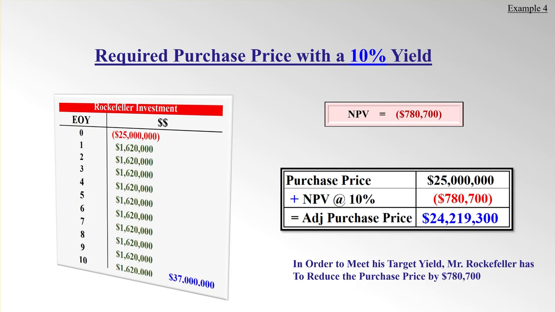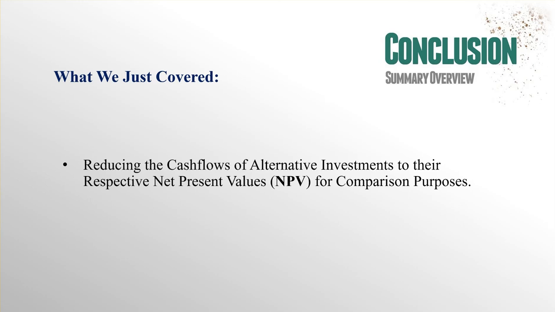Therefore, if Mr. Rockefeller is to achieve his financial objective of a 10% yield, he cannot afford to pay any more than $24,219,300 for this property.